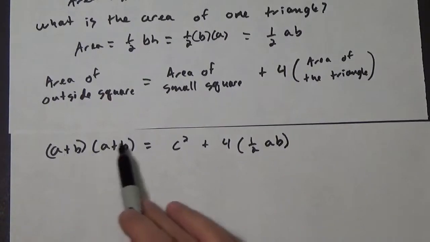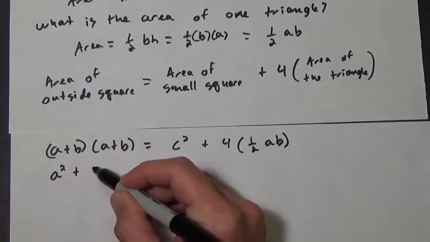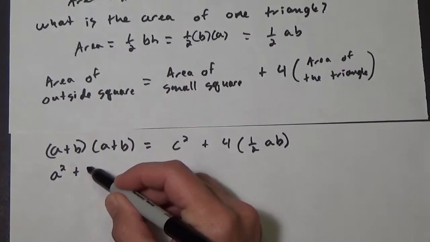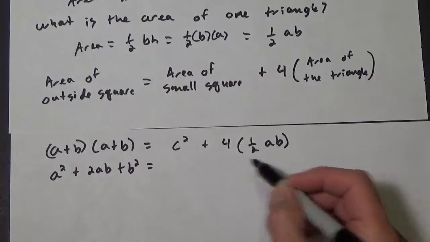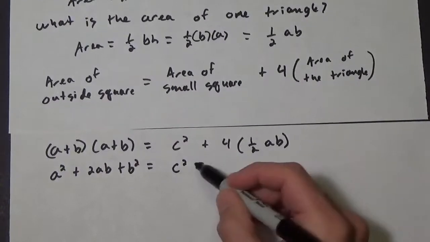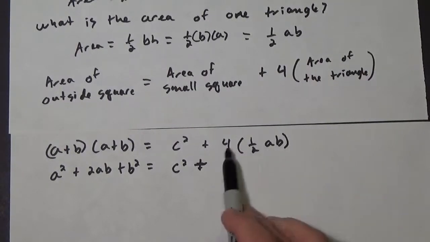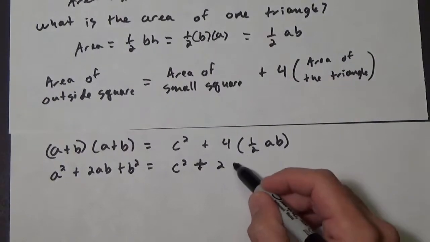A plus B times A plus B, we got to distribute that. So that's going to be A squared plus 2AB plus B squared. And here we're going to have C squared plus 4 times 1/2 AB, which is 2AB.